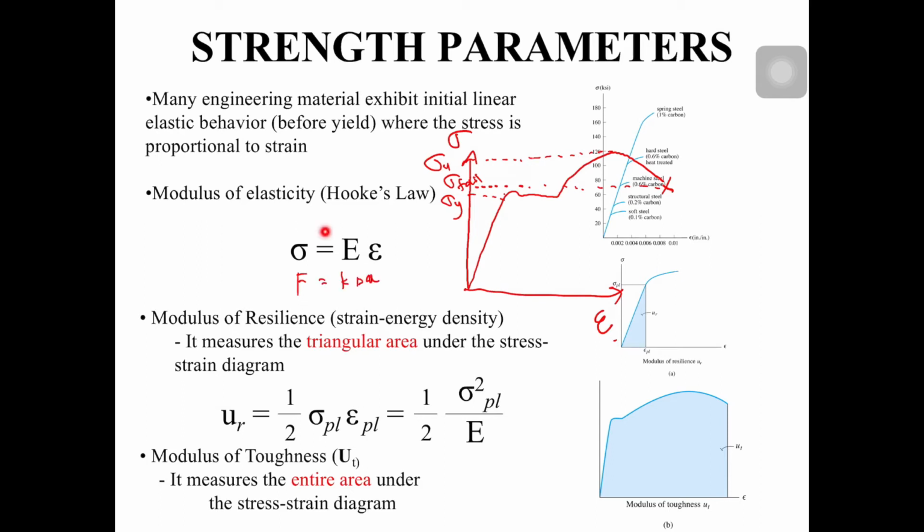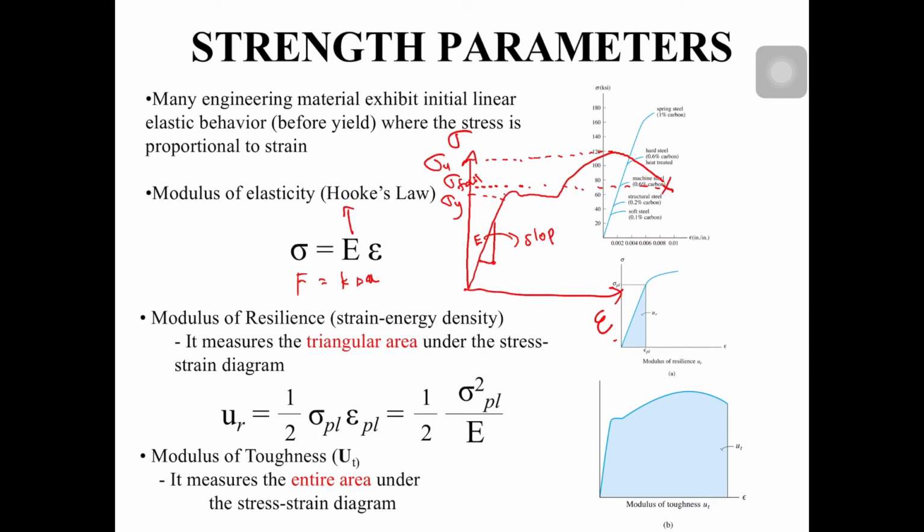So same with this, sigma is equal to E epsilon. So E basically is the slope for this one. Slope, okay? Sigma is equal to E epsilon. E we call it the modulus of elasticity.